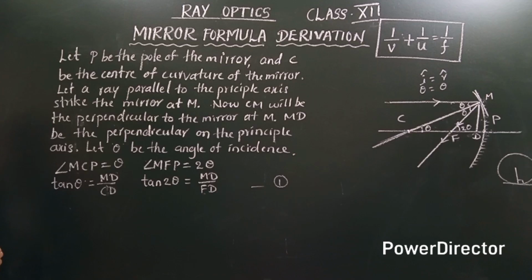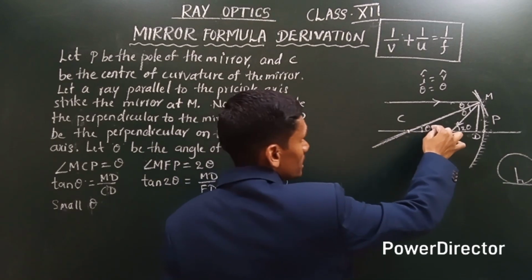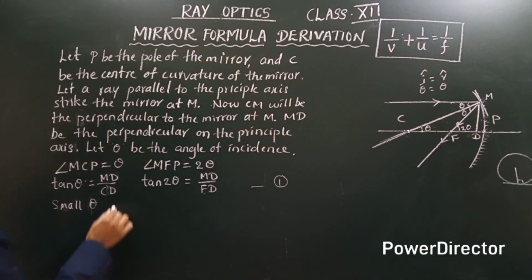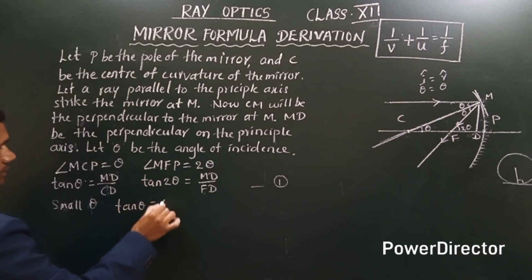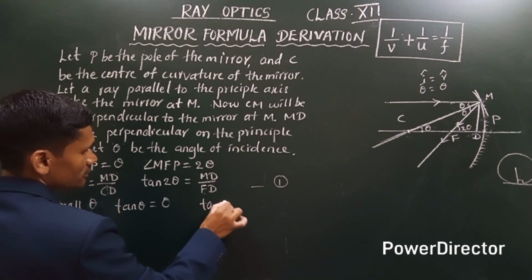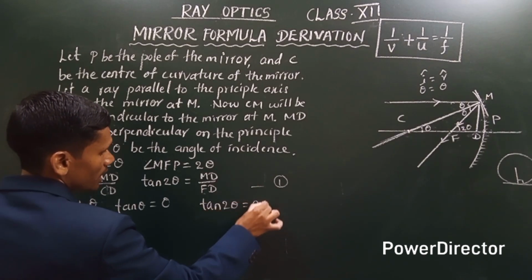Now for a small angle, small theta, what happens? If you consider this angle very small, then this tan theta reduces to theta, and tan 2 theta will also reduce to 2 theta.